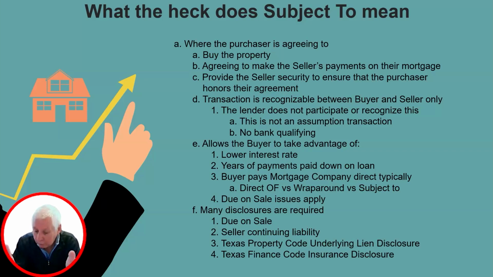Now, Texas is one of the more complicated states in which to navigate owner finance transactions of any type. So you want to make certain you understand what the property code says here in Texas, at least, because we have what is called the underlying lien disclosure notice, and we have the insurance disclosure notice, both which must be given from a seller to a buyer in Spanish and English, as well as any other language that the transaction is negotiated in.